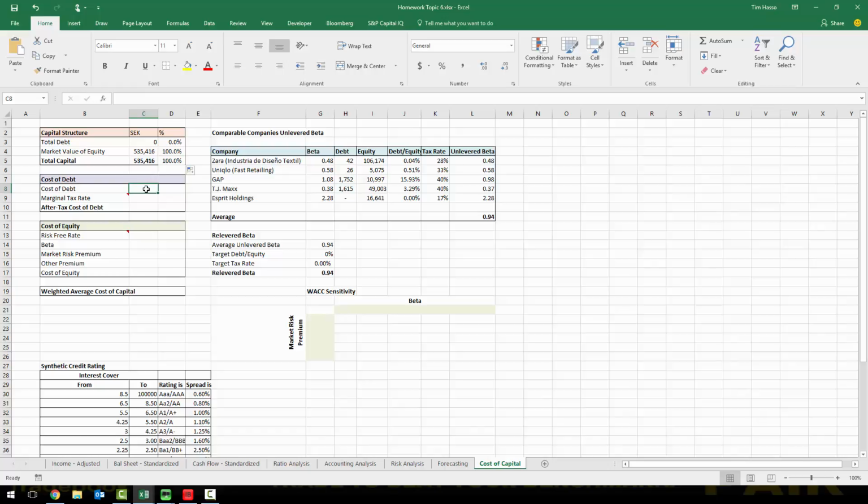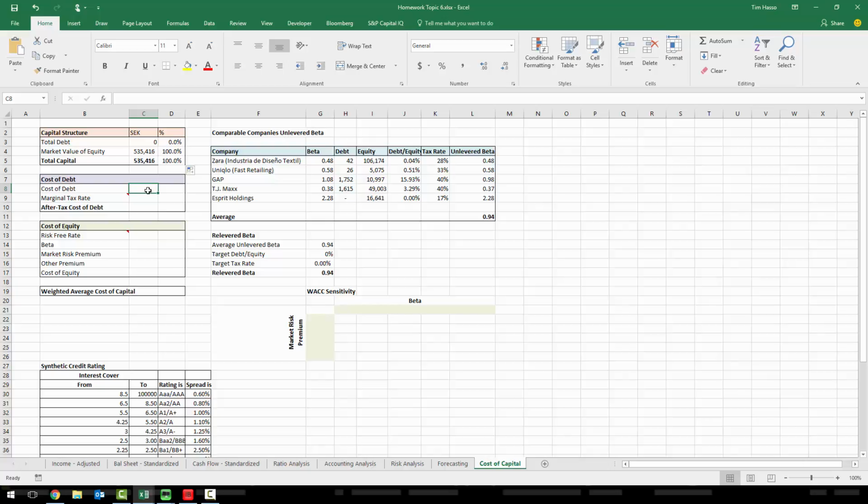Now, the next aspect that we're going to be looking at is how to estimate the cost of debt. Cost of debt is also slightly tricky, specifically because we're dealing with a European company, and European companies don't always have very easily observable debt. So cost of debt is usually observed by looking at bond rates for your corporate bonds.